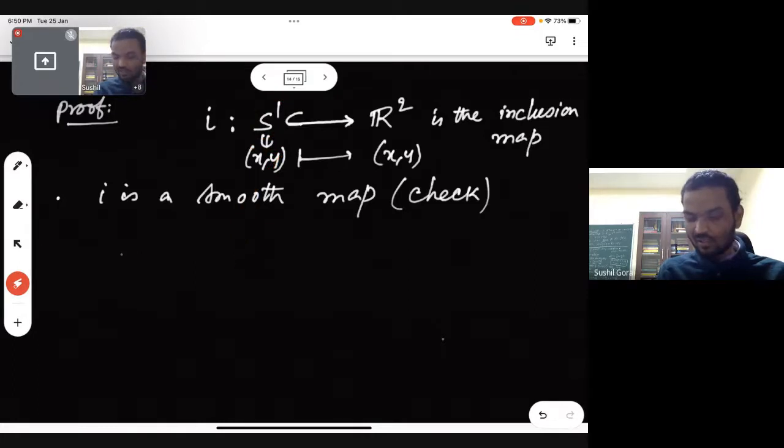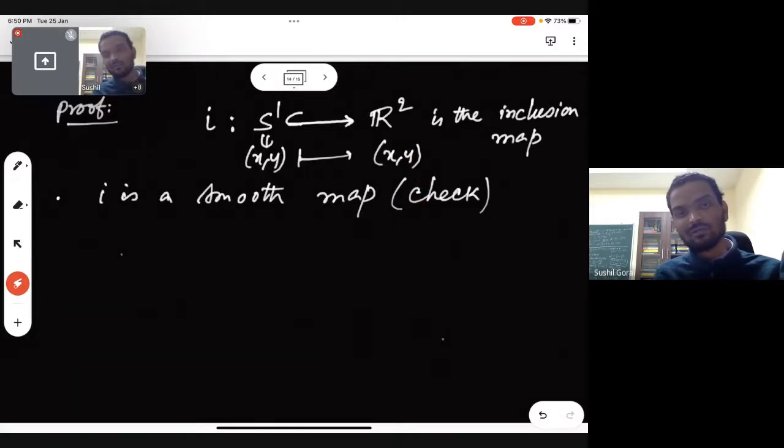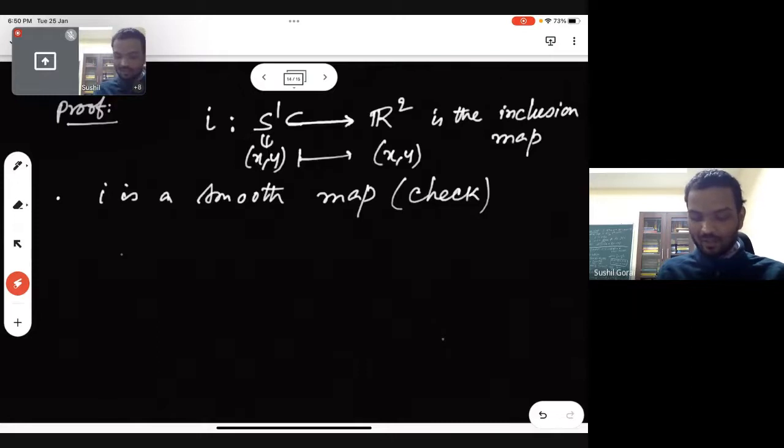In this case, on the other side it's identity. Now look at each component, it is smooth. And then you look at the other component. This is again smooth. So by the previous exercise, you actually get the smooth map. I is a smooth map, right?